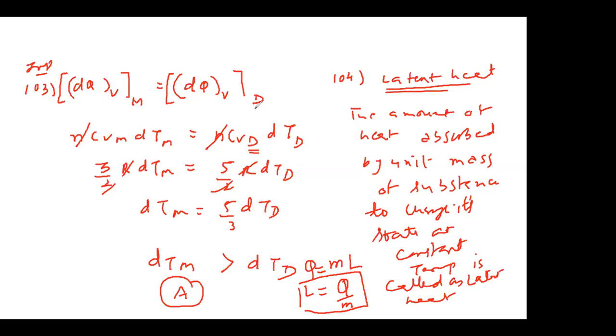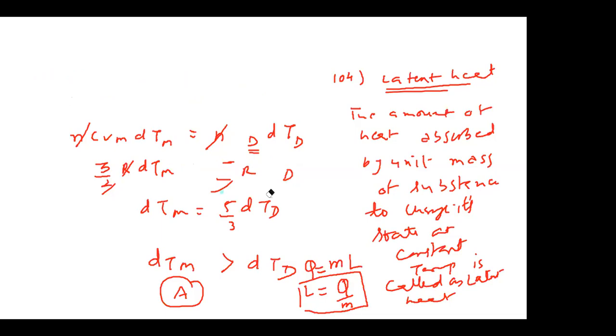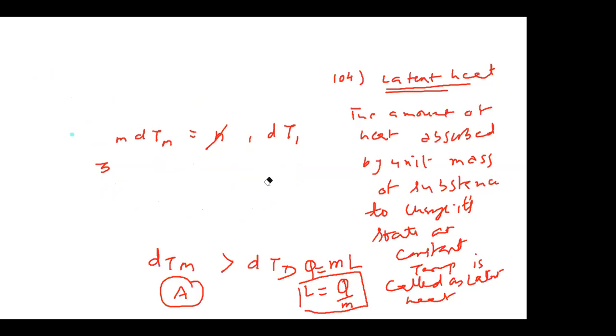If the substance is getting converted into vapor, that means it is changing from solid to liquid and then gas. So definitely ज्यादा heat लगेगा. मतलब Q will be greatest in vaporization. So latent heat of vaporization will be always greater than latent heat of fusion.